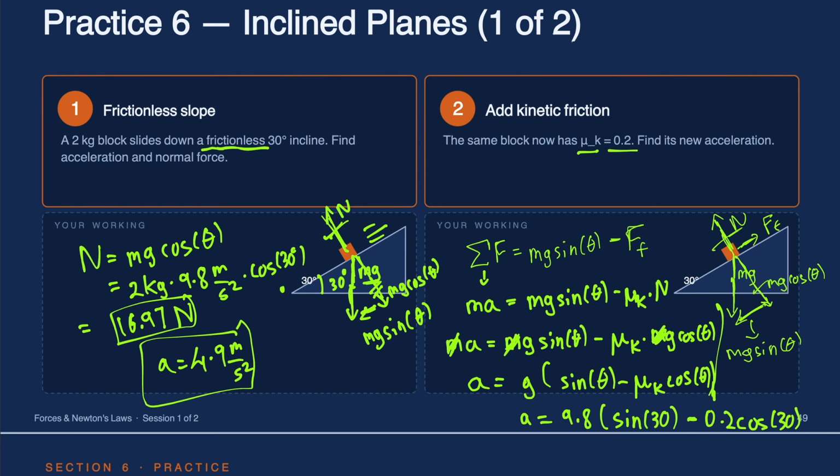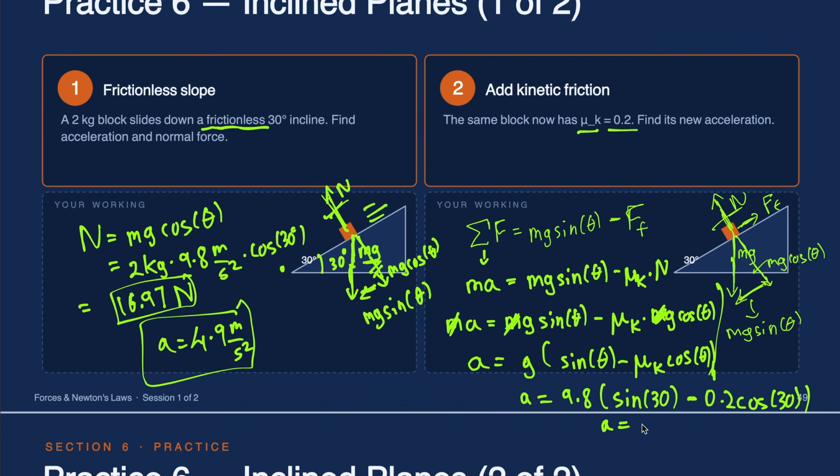So let me try and see what these make. So this should give me a is equal to 3.2 meter per second squared.